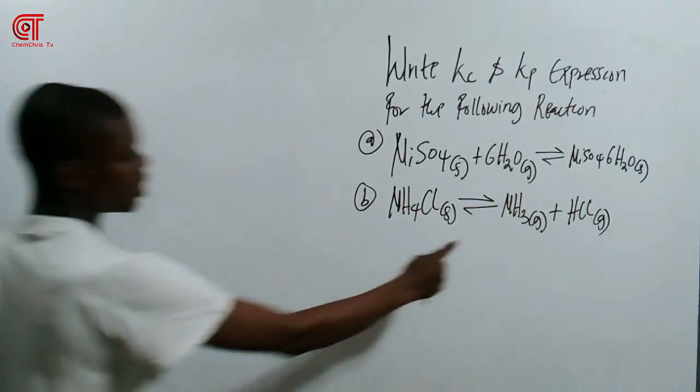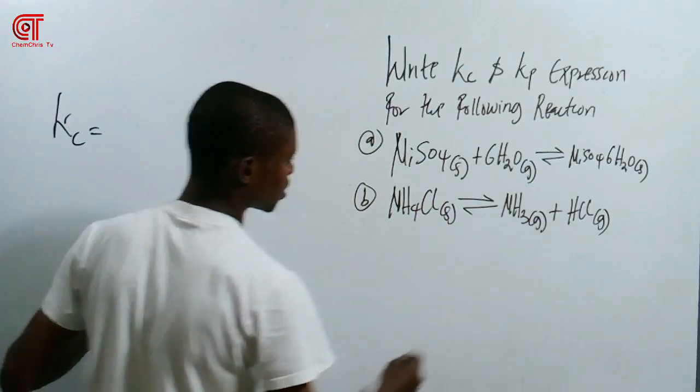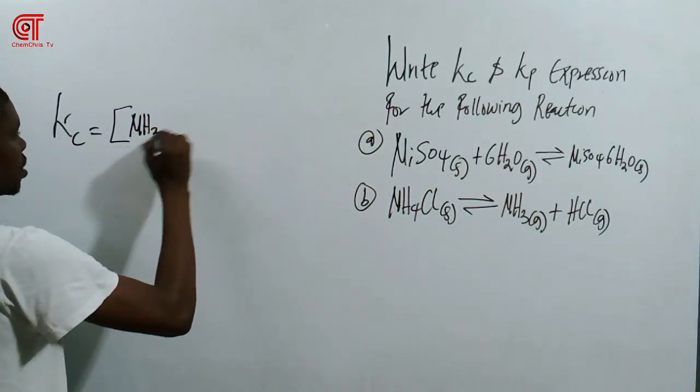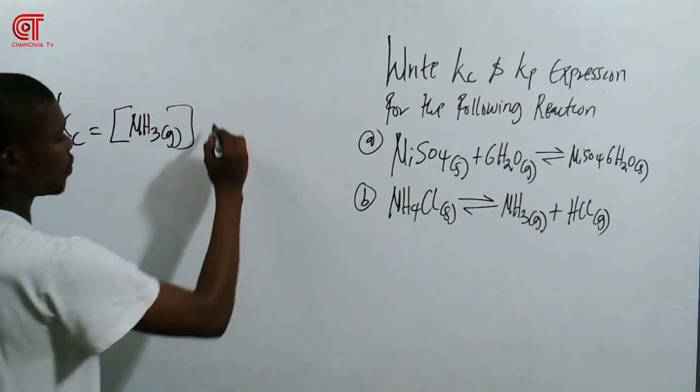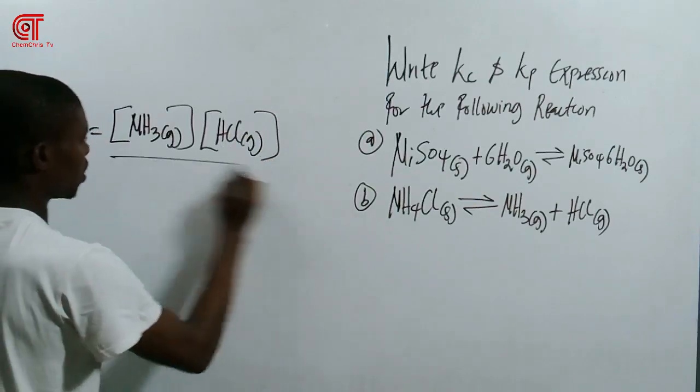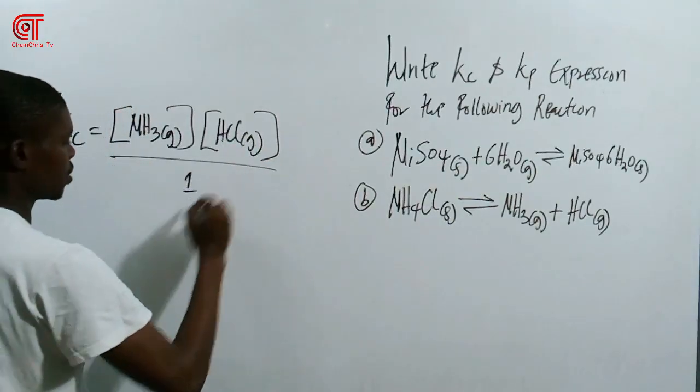For the next one, Kc equals, here is a gas, and here is a gas. So we have the concentration of NH3 gas and HCl gas over, and this one is a solid, so it's going to be 1.